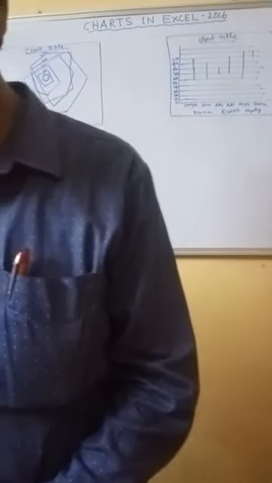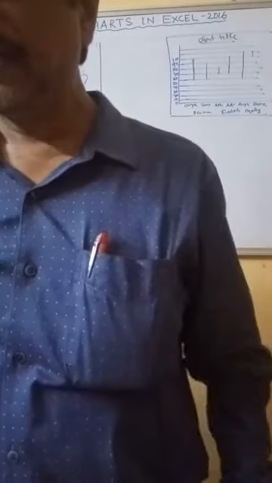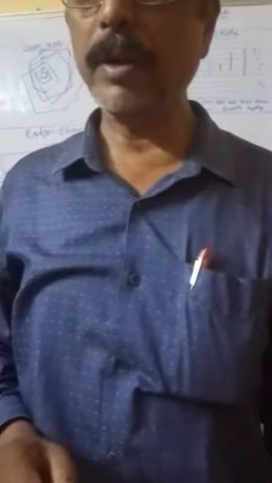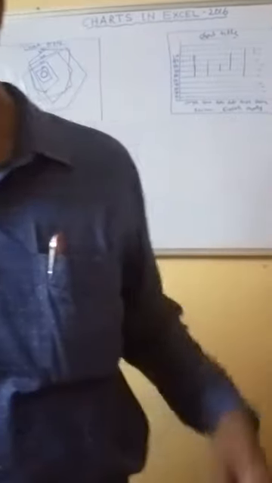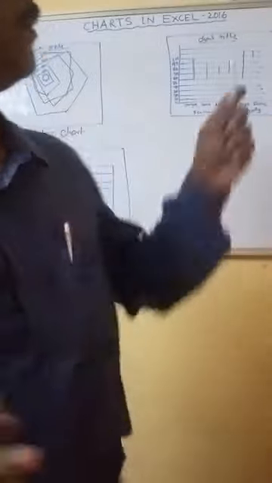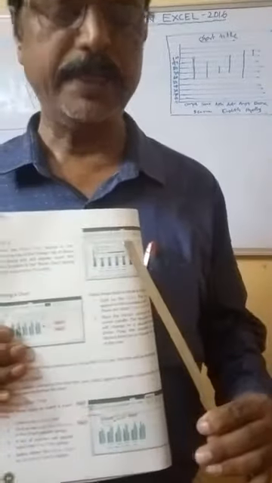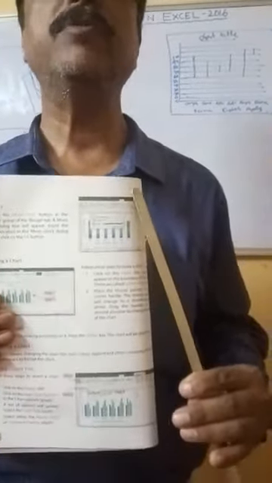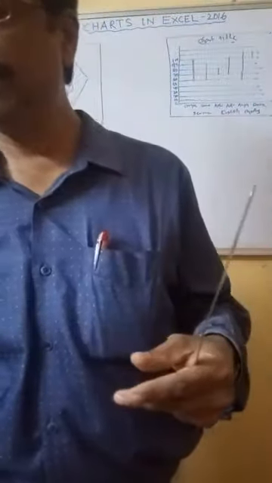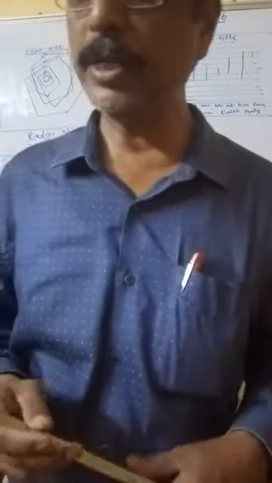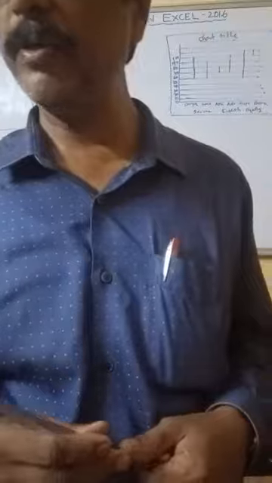Method 2 is that you click on the move chart button. In the upper side you see the move button here, and you have to click it. After clicking the move chart button in the location group of the design tab, the move chart dialog box will appear.